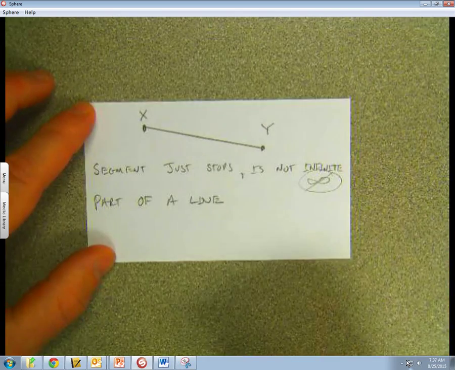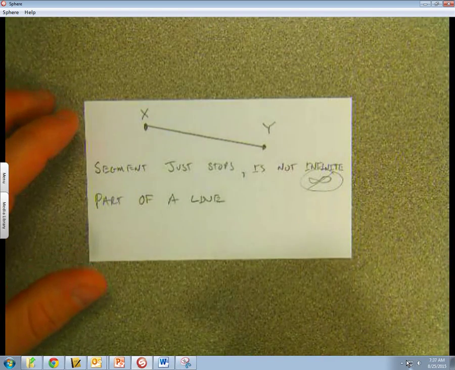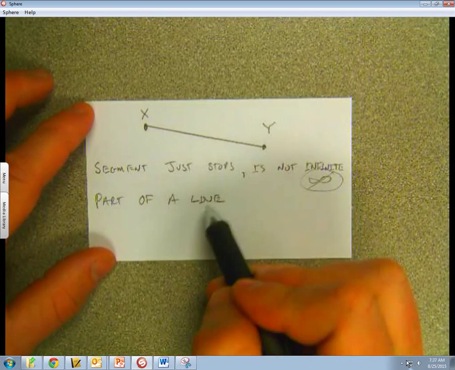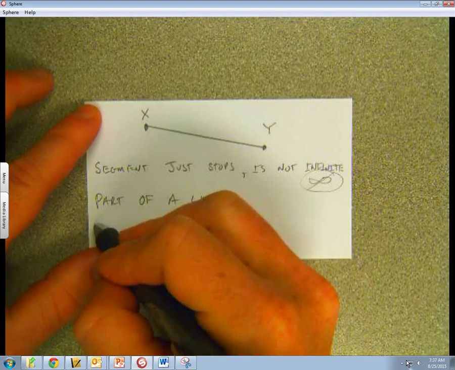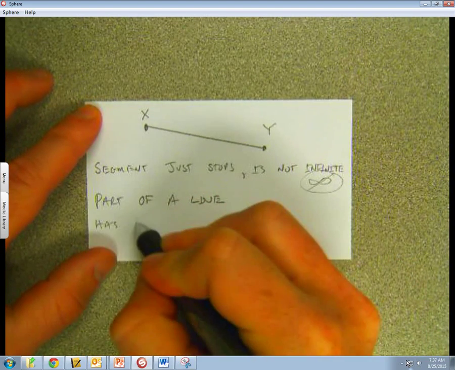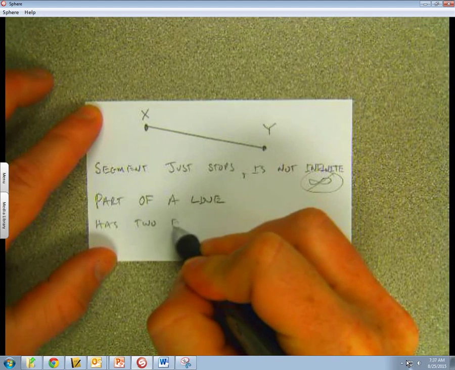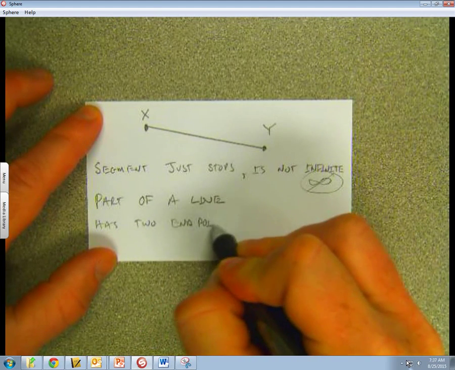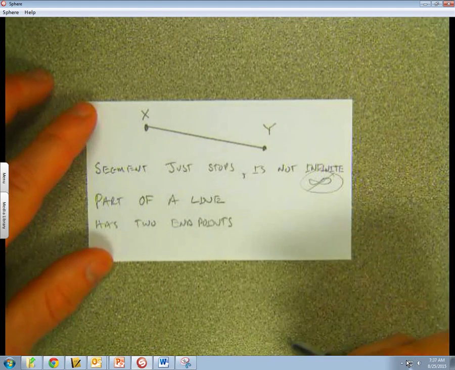And very clearly, if it's part of a line, then it has 2 endpoints. Alright, so that's what we're looking at for segment.